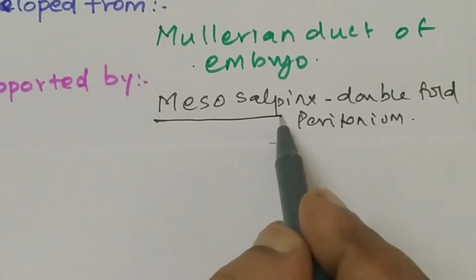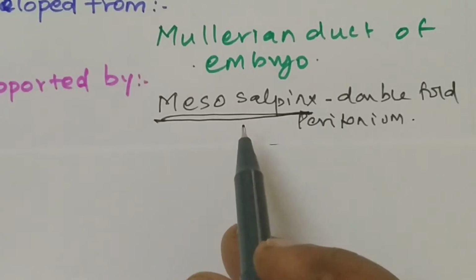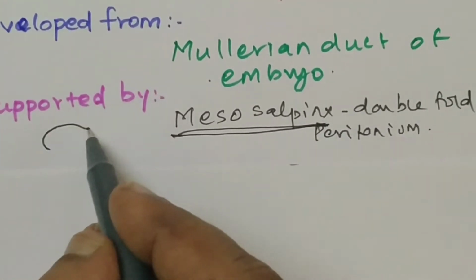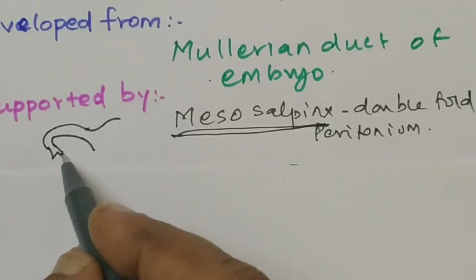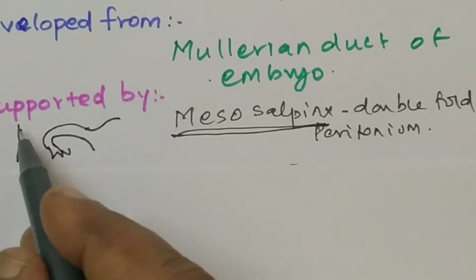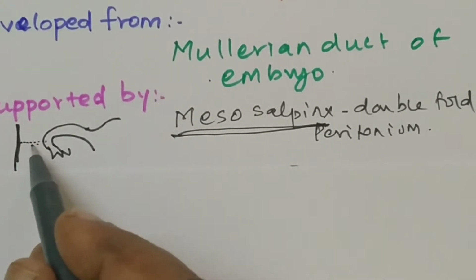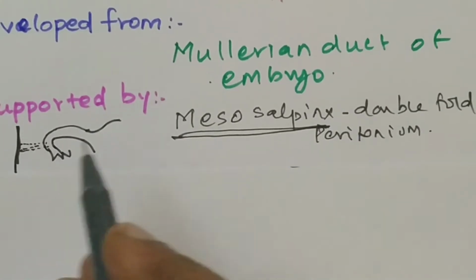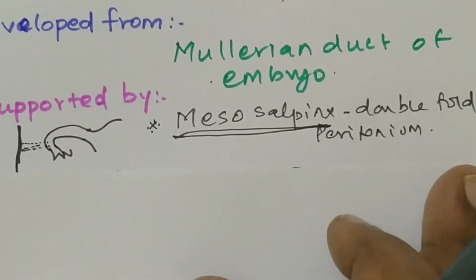Especially the fallopian tube is attached to the pelvic wall by the mesosalpinx, a double membrane structure of peritoneum. Suppose this is a part of the fallopian tube, and this is the body wall. The fallopian tube is attached to the body wall by the peritoneum, and that peritoneum is termed the mesosalpinx. A much more important word from the NEET point of view.